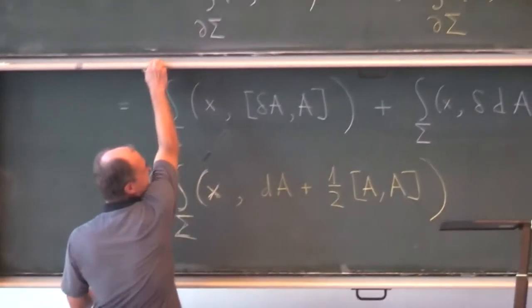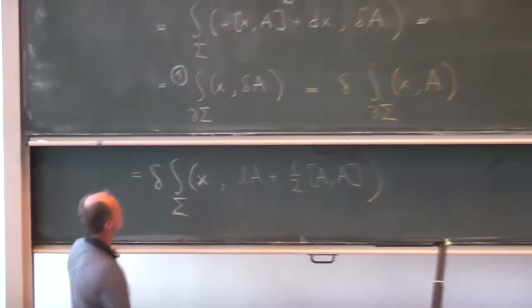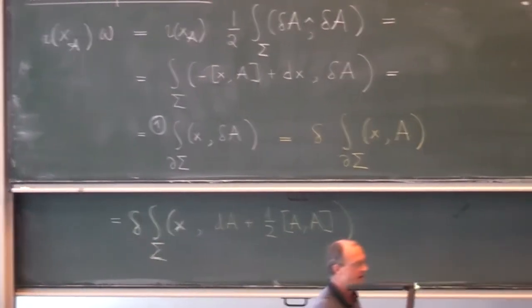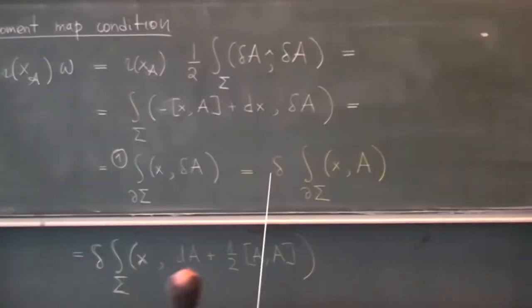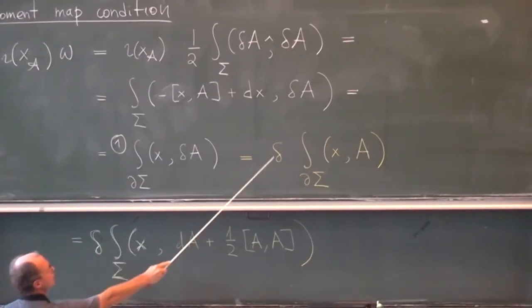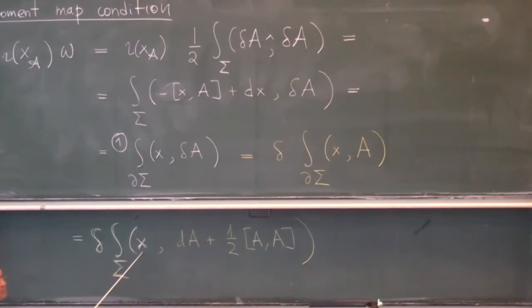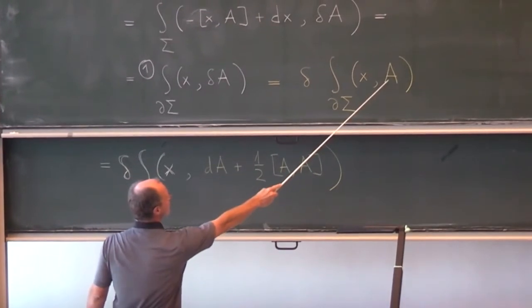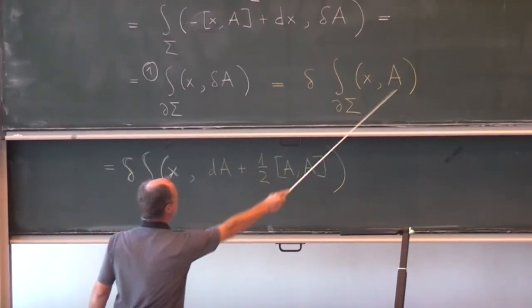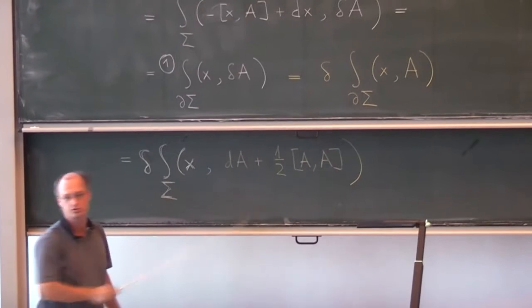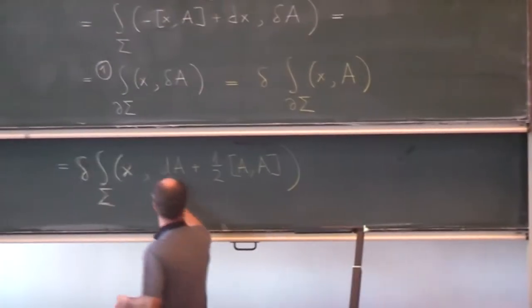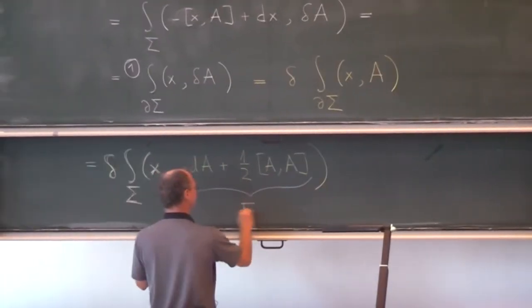So these are the two pieces of the answer. Notice, which is not so bad, that they both are of the same form. There is a delta in front, and then there is a pairing of X with something. The something on the boundary piece is just our connection A, and here it's a combination that you probably know. This combination is the curvature of A. Sometimes it's called F_A.